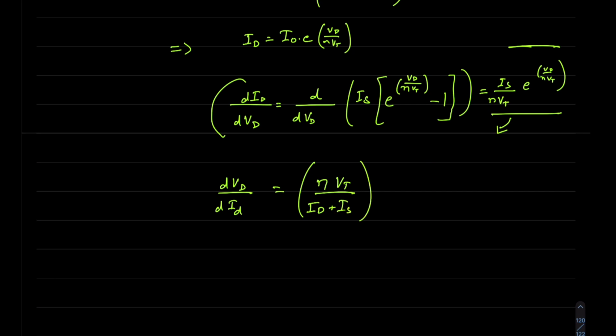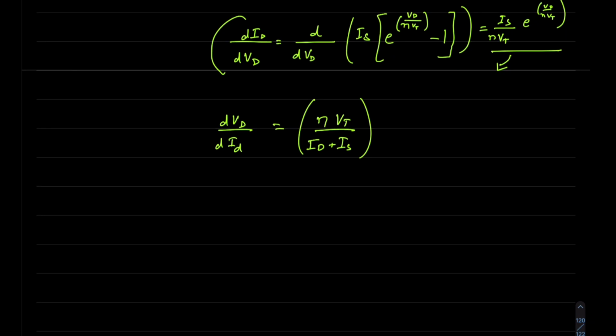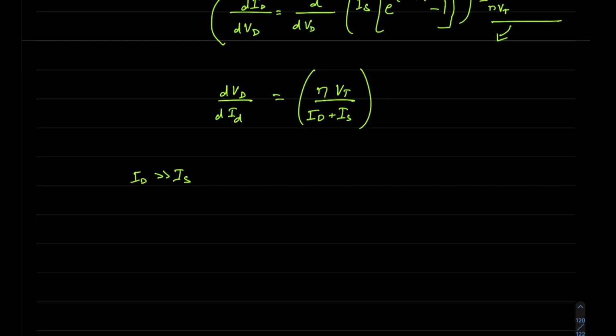Now, we know that in certain conditions Id is extremely larger than Is, right? So RD, dynamic resistance, equals dVd over dId equals eta Vt over Id.